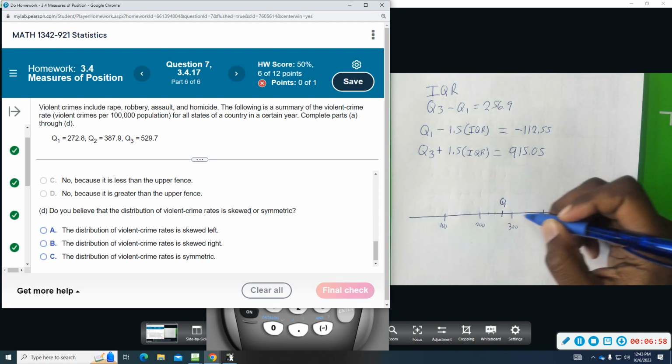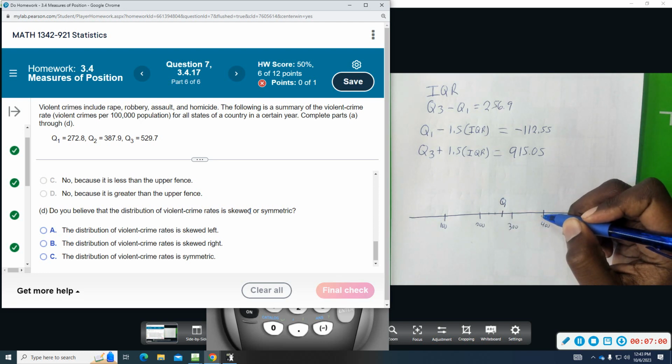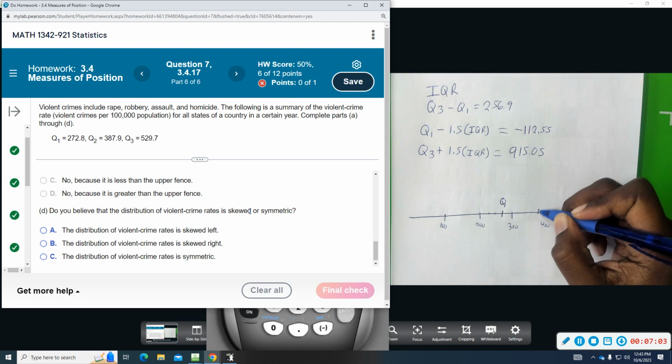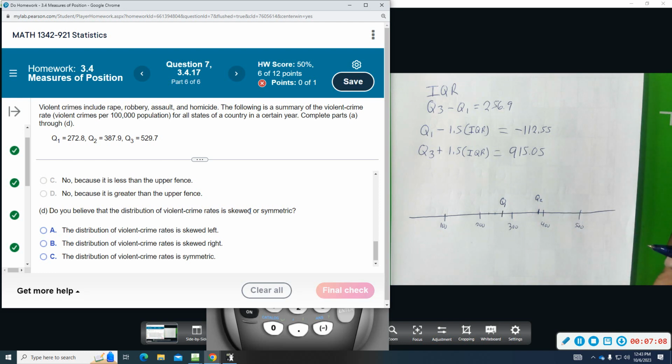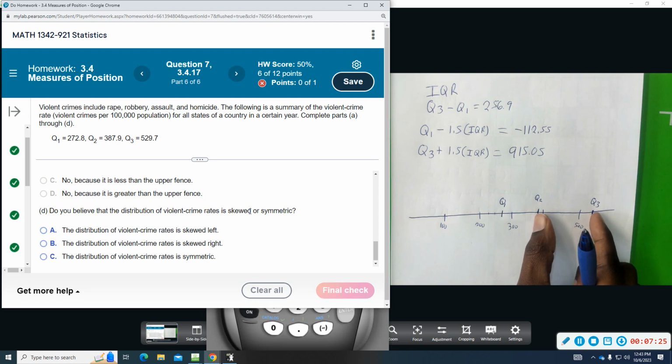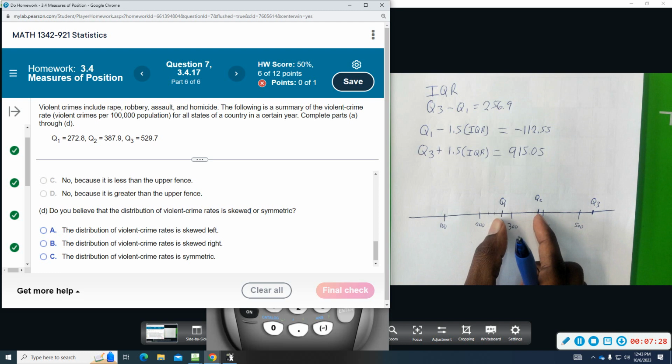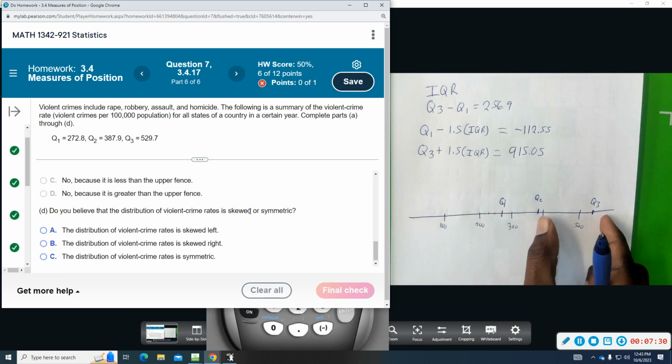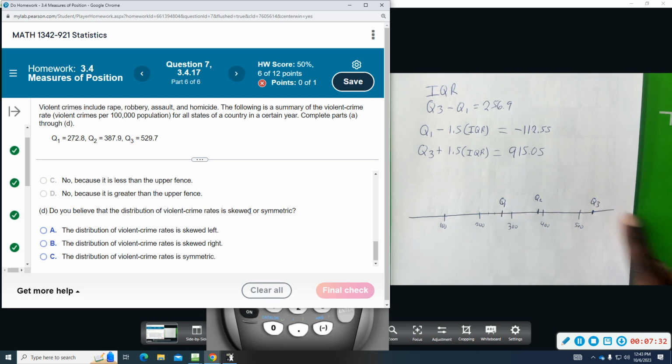Q2 is going to be a little bit below 400, so let's call this one Q2. So the middle. And then Q3 is going to be 500 and something, a little bit above 525. Q3. If you look at the spread between Q2 and Q3 and compare that with the spread between Q1 and Q2, the spread is much bigger on the upper end.